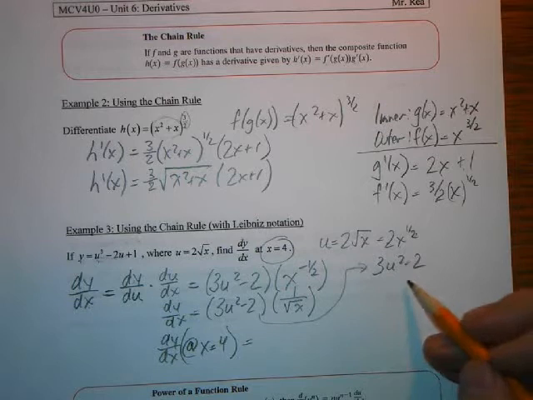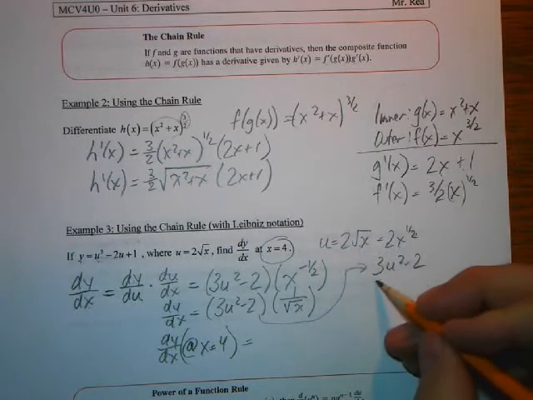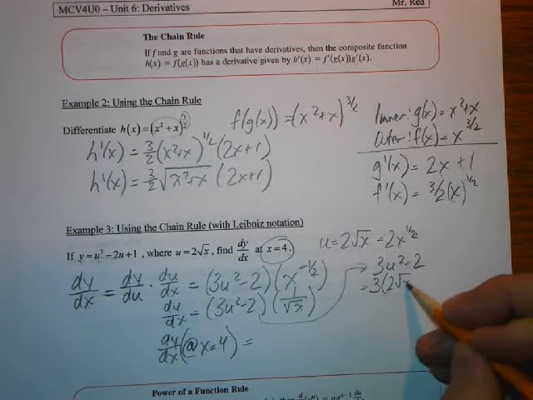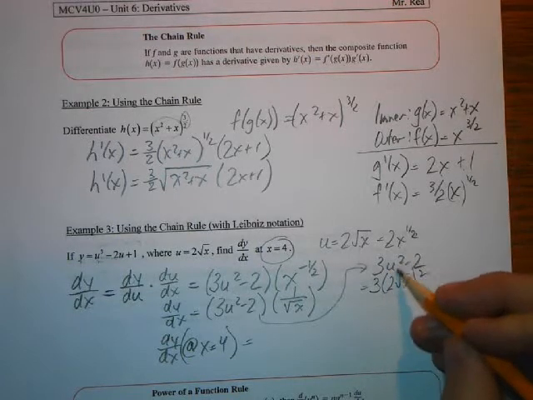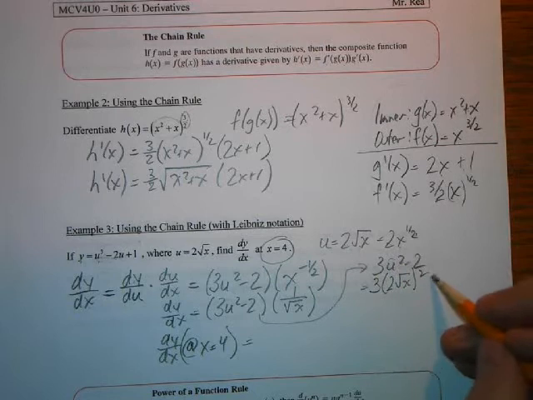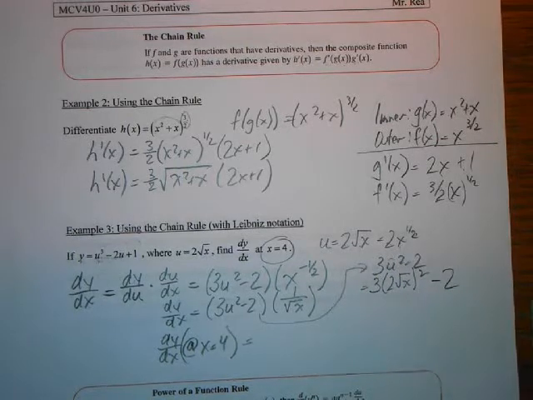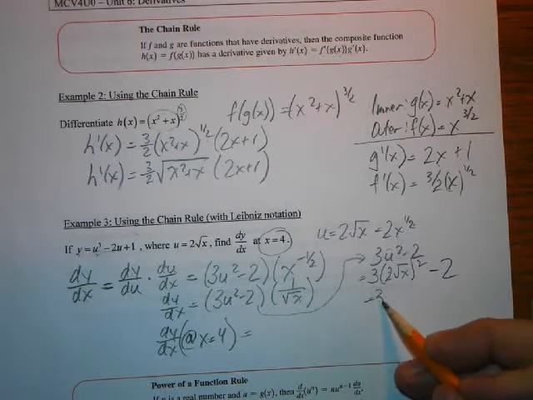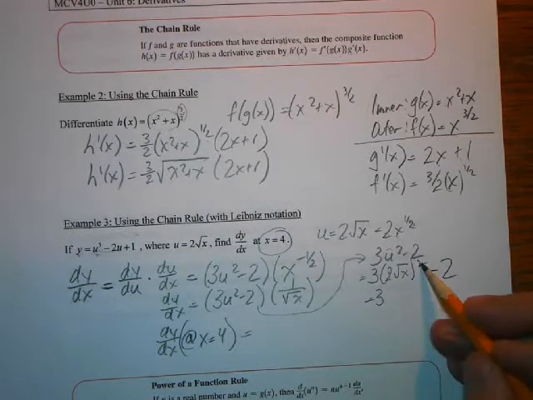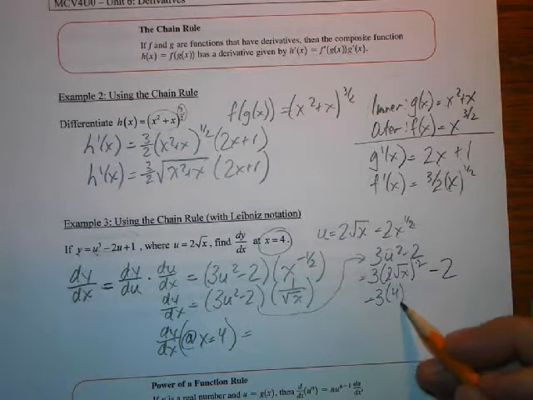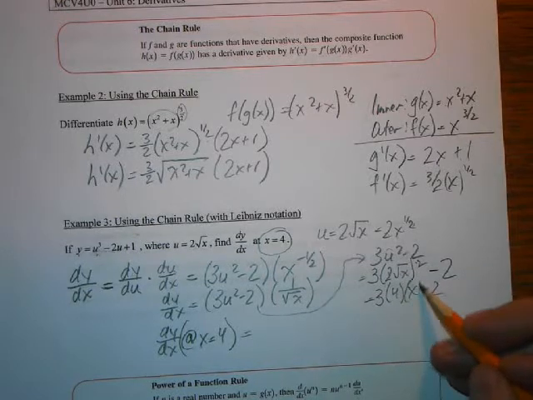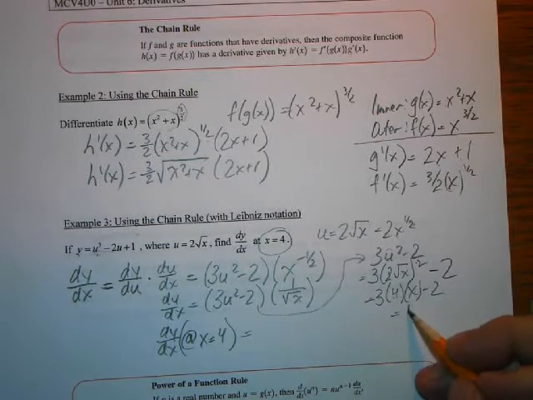Okay, so I know u is equal to 2 root x, so this is equal to 3 times 2 root x squared. So I'm just replacing the u with 2 root x, and then subtract 2. Okay, so when I square this, you've got the 3 from before. The 2 squared becomes 4, and the square root of x squared becomes x. Right? So you got 3 times 4 times x, so that's 12x minus 2.